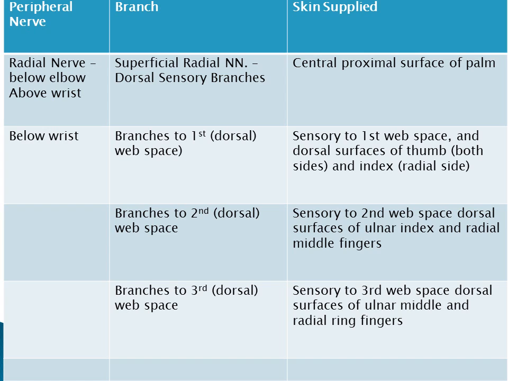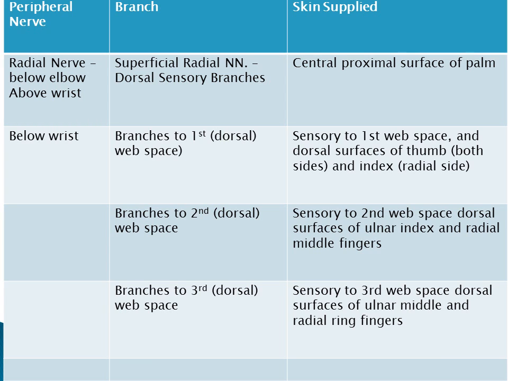Well, on the dorsum of the hand, that only leaves the fourth web space and the ulnar ring finger, and then the radial and ulnar surfaces of the pinky finger, and we'll see later on that those areas are served by the ulnar nerve.